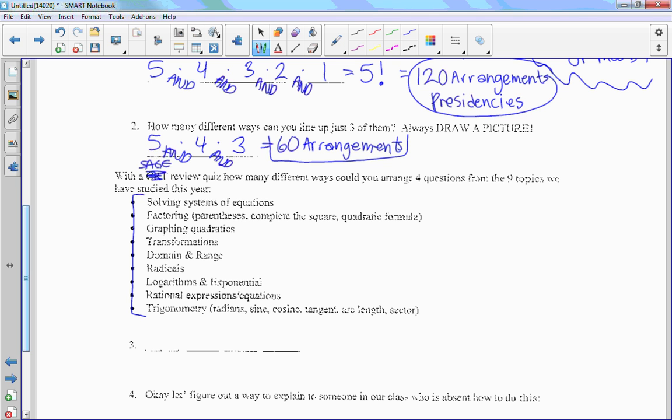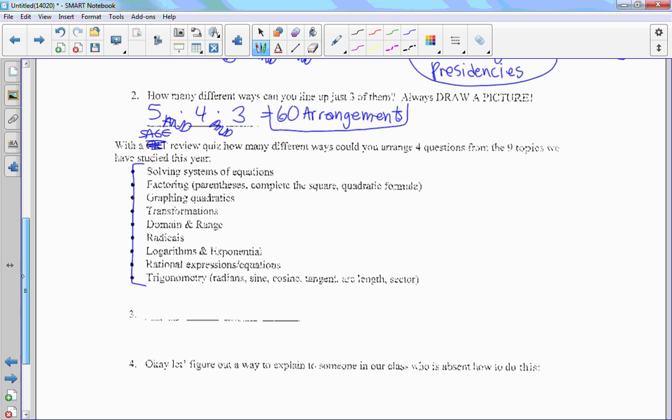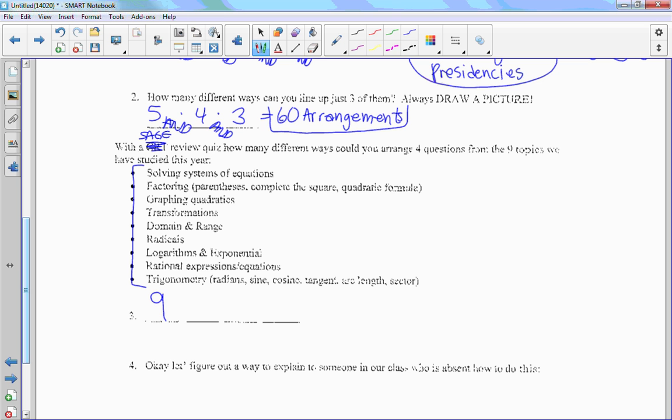How would you figure that out? You said 9 because you still have 9 choices. And then you go to 8. But how many times do we actually do this? Only 4. So we stop at 6.